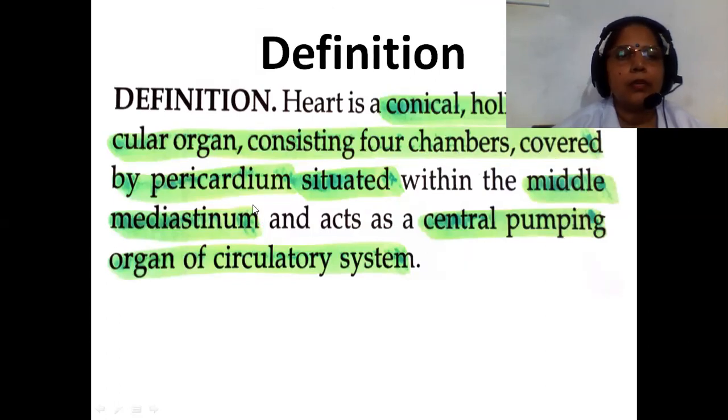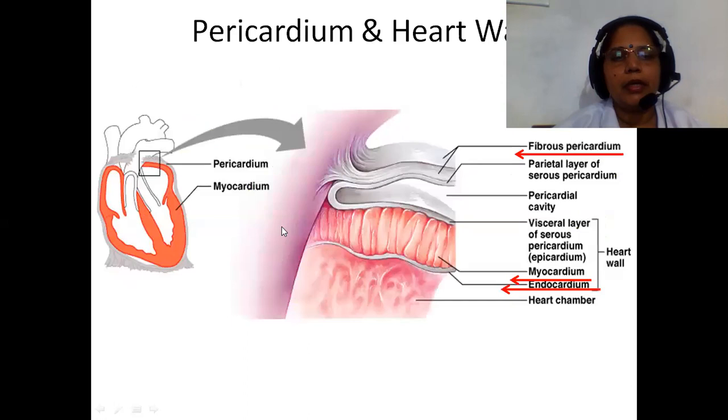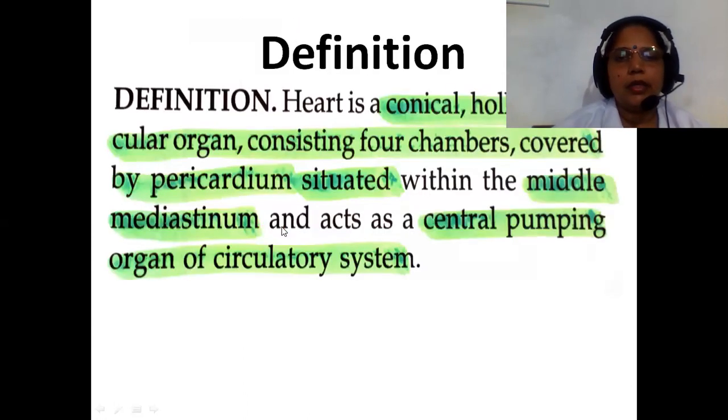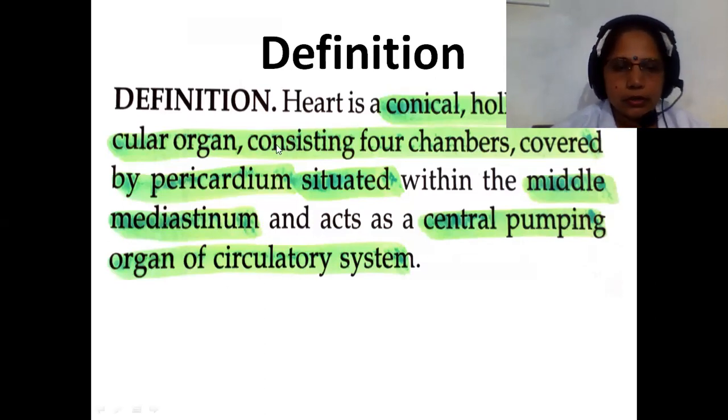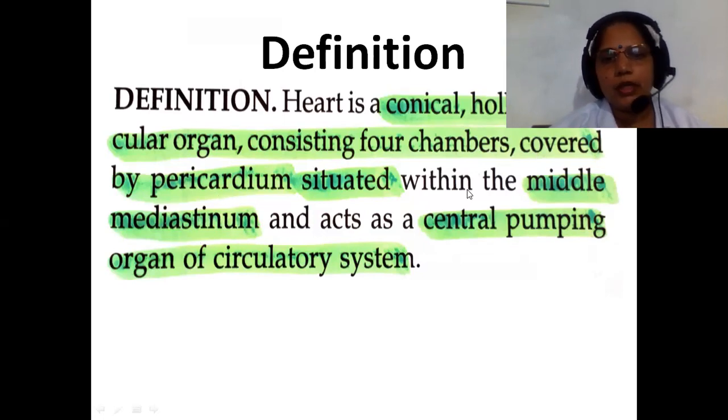It is covered by pericardium, situated within the middle mediastinum, and it acts as the central pumping organ of the circulatory system. See this definition clearly, all these points cover the heart. It is conical in shape, a hollow muscular organ consisting of four chambers, covered by pericardium, situated within the middle mediastinum, and it acts as a central pumping organ of the circulatory system.